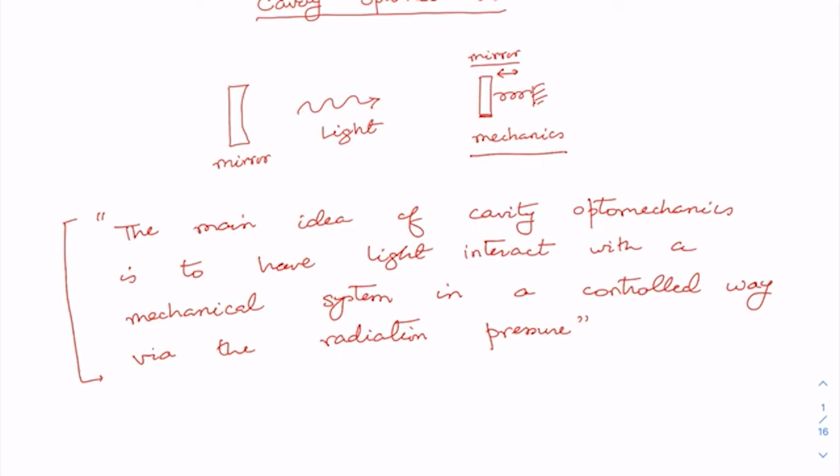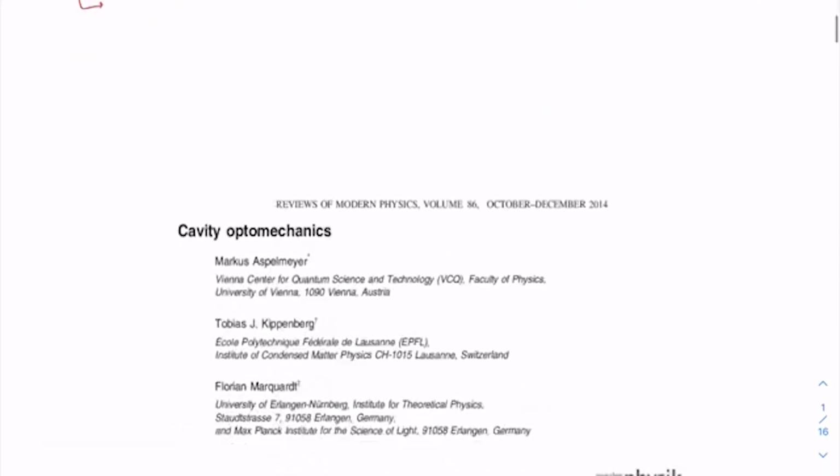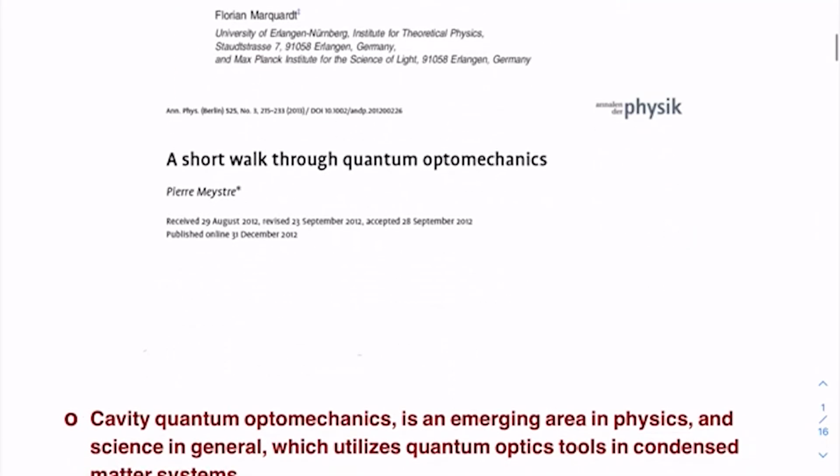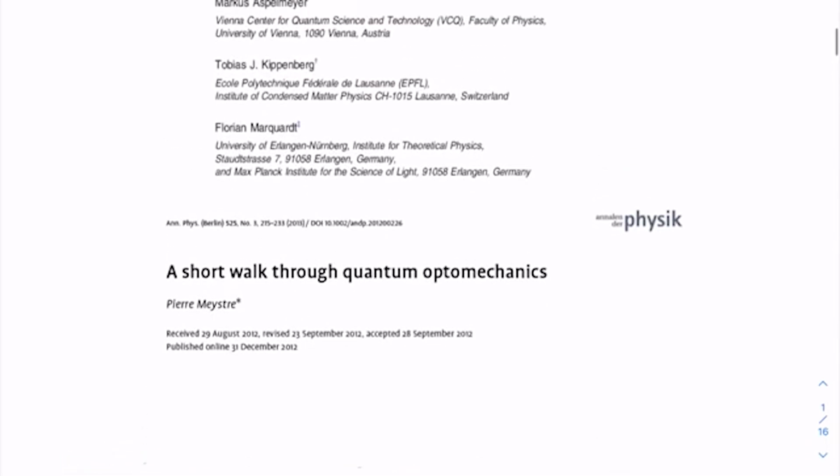Our discussion here will primarily rely on these review articles. The first review article is by Markus Aspelmeyer, Tobias J. Kippenberg, and Florian Marquardt. The title is Cavity Optomechanics, published in Reviews of Modern Physics, and this is an extremely beautiful article. Another article is A Short Walk Through Quantum Optomechanics by Pierre Meystre, published in Annalen der Physik.